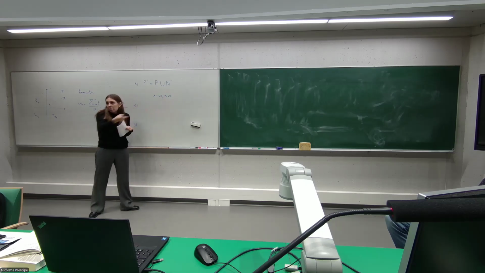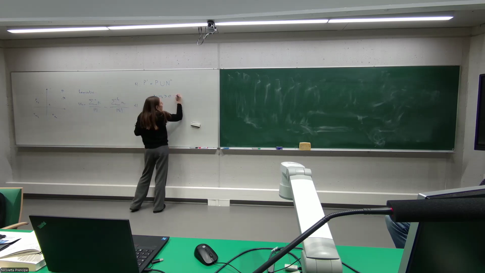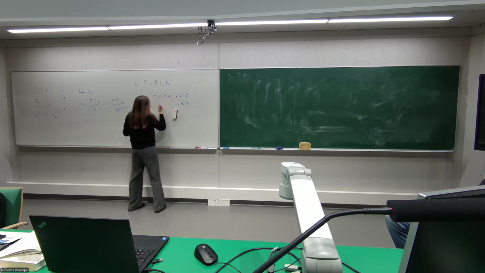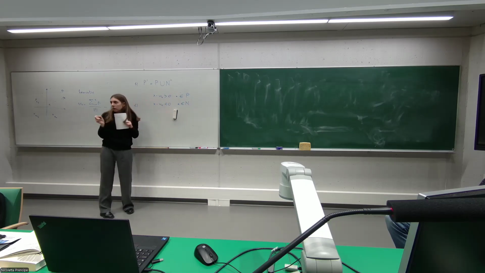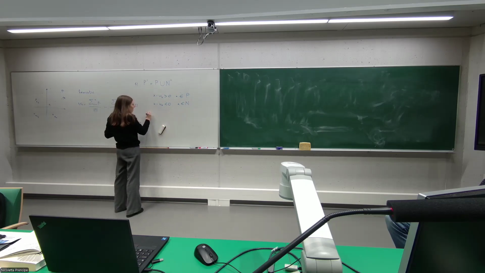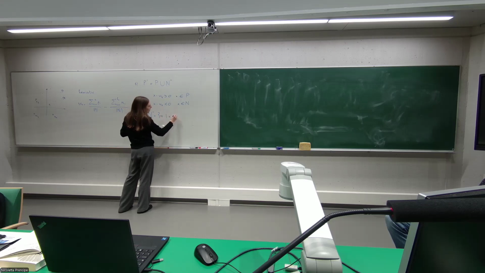For the x's that belong to P, that's what I do, and for the x's that belong to N, what I want is the opposite. So I define the set of negated N, the set of all the elements minus x such that x belongs to N.